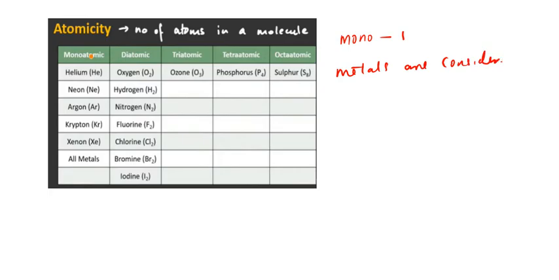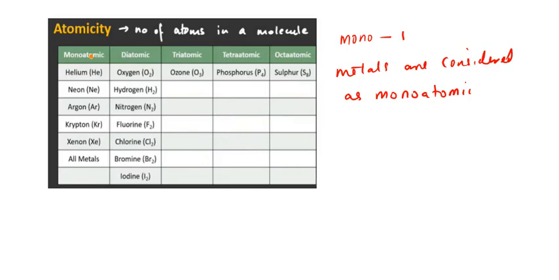Usually solids can be written as monatomic, even though their atomicity may be greater than 1.